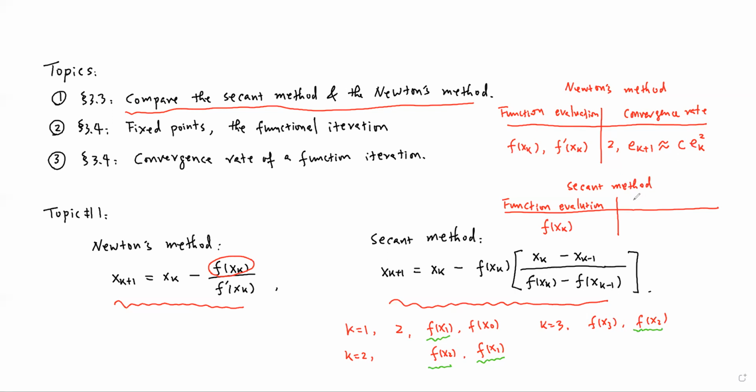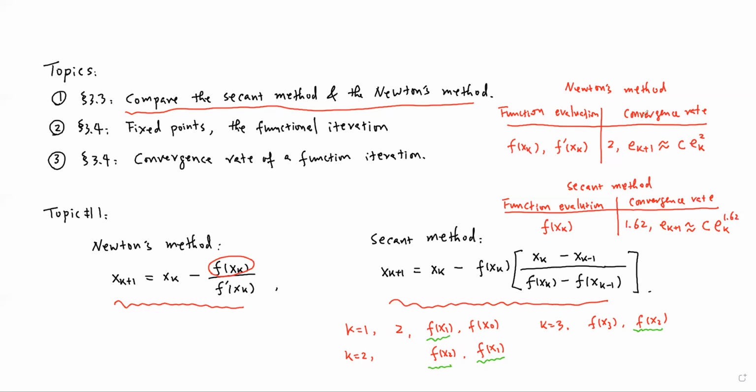The convergence rate in general is 1.62, worse than Newton's method. In other words, e(k+1) is roughly some constant times e(k), with the power roughly 1.62.